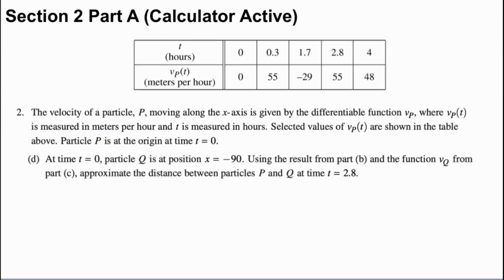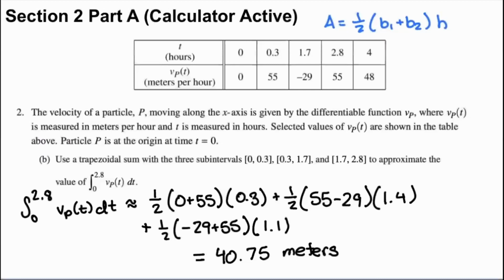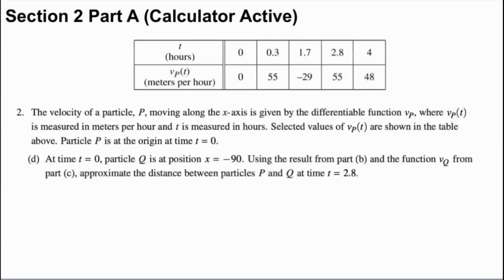So this one's kind of a doozy because we're going to have to use the different components from B and C. And so in part B, we've said that the approximate value of the integral from 0 to 2.8 of VP of t dt is equal to 40.75 meters. So I kind of just want to focus on that when doing part D.